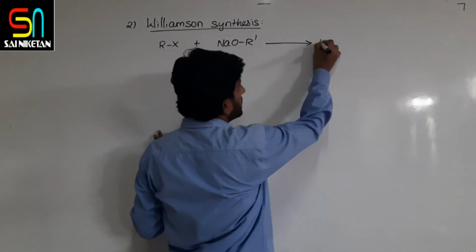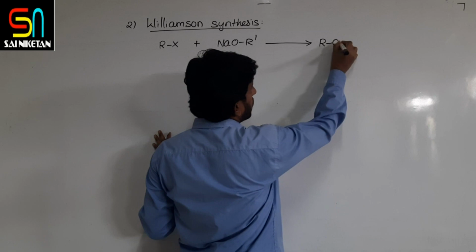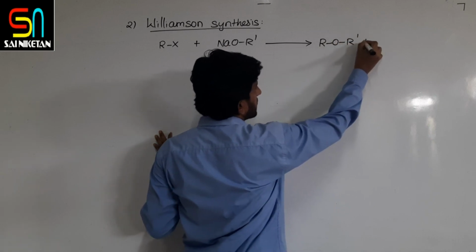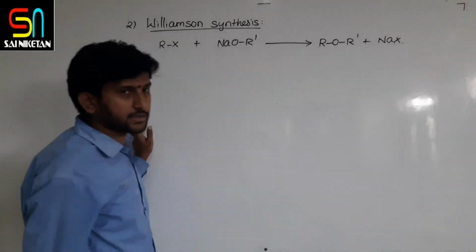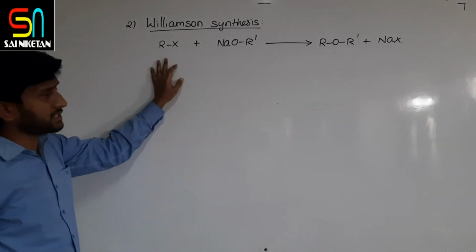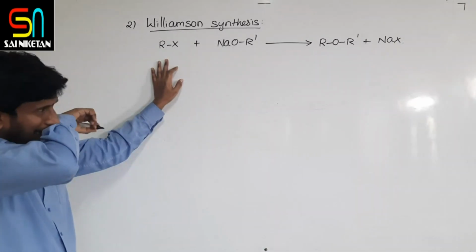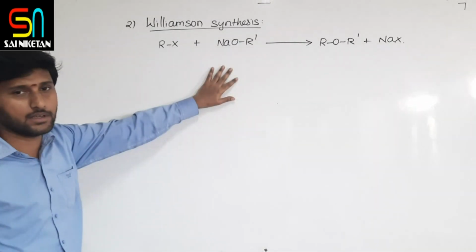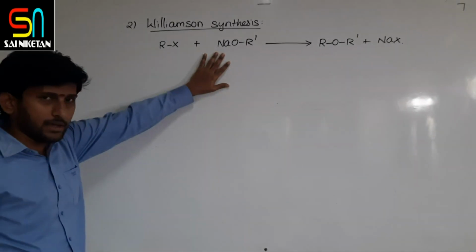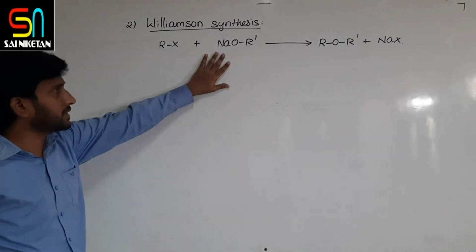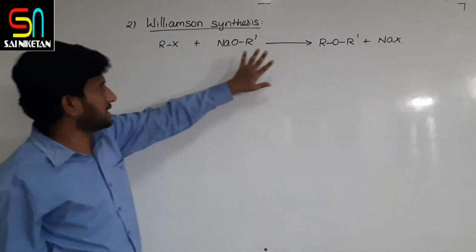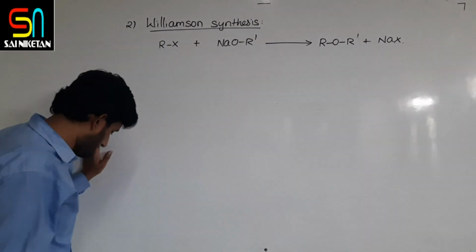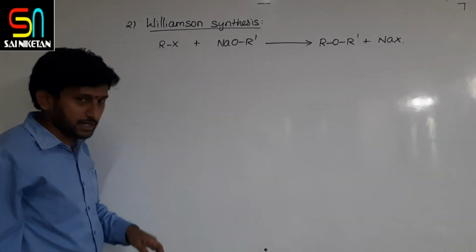So I will get ROR' plus NaX. This method is called Williamson synthesis, that is, preparation of ethers by treating alkyl halides with sodium alkoxides is called Williamson synthesis.